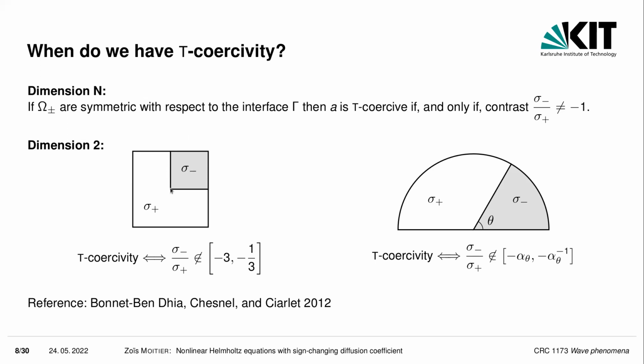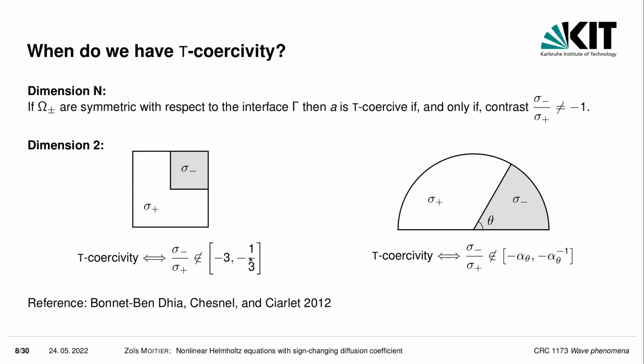And this is why I say that T-coercivity hides some shape assumption on the interface, because here, if your interface has a corner, the angle of the corner will play a role. And in that case, the operator is T-coercive only if the contrast is outside of a critical interval.